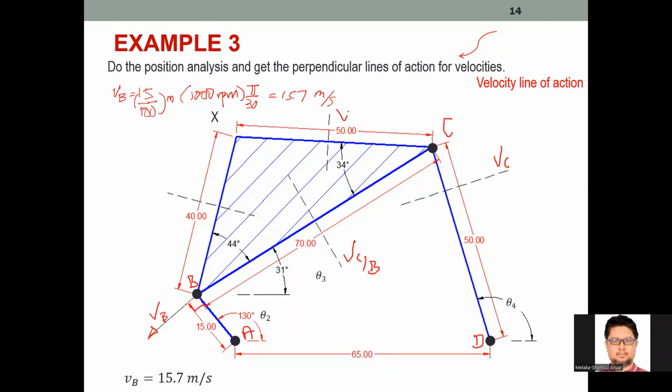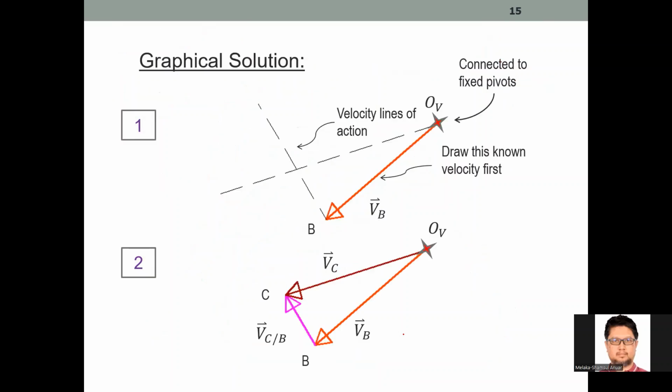Okay, so this is for VX/C, and lastly, this is for VX/B. Okay. All right. Are we clear on that?